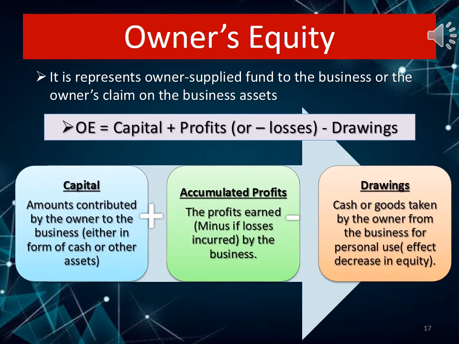Capital is the amount contributed by the owner to the business in the form of cash or other assets, while accumulated profits are the profits earned, or minus losses if the business suffers losses. And drawings are the cash or goods taken by the owner for personal use. It represents a withdrawal of profits and has the effect of decreasing equity.